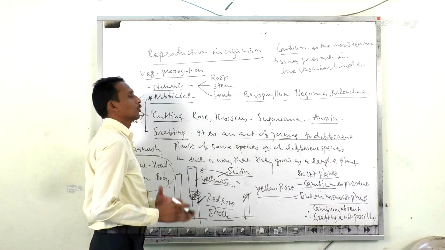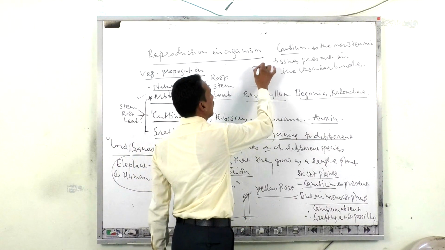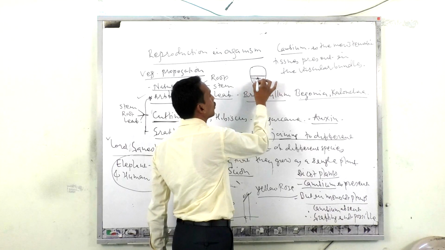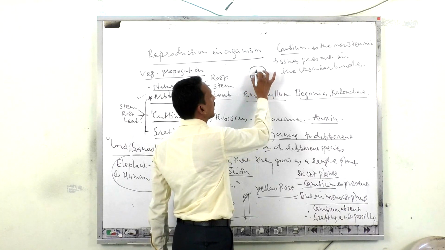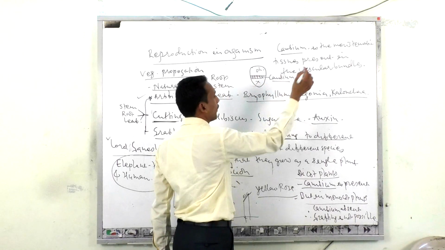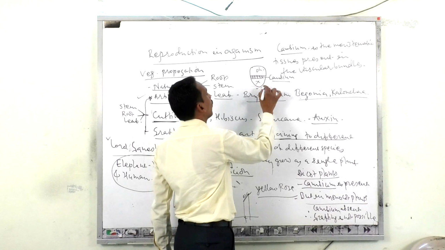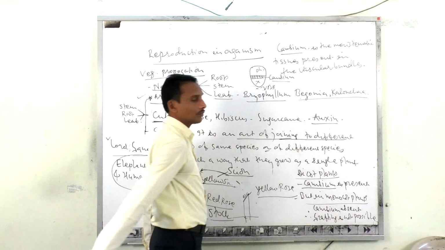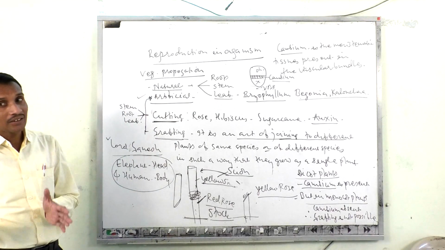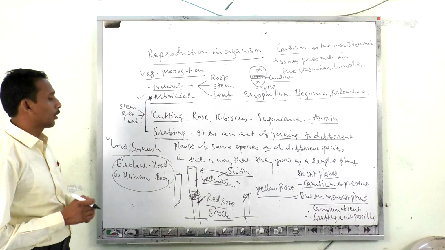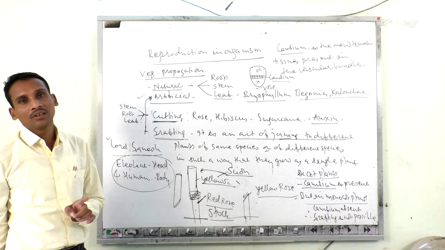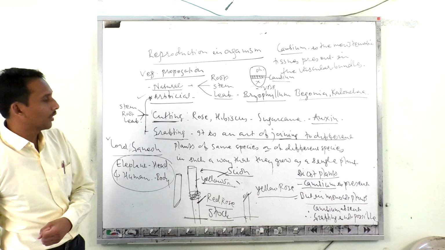In a vascular bundle, there is the presence of meristematic tissue in between the xylem and phloem. This is nothing but the cambium, and this is the vascular bundle. Wherever cambium is present, only in that case can you apply grafting, but wherever it is absent, you cannot carry out this grafting technique.